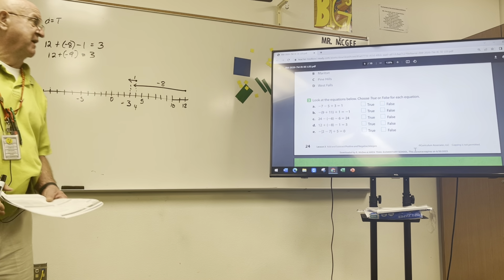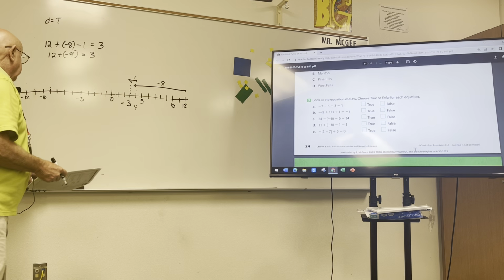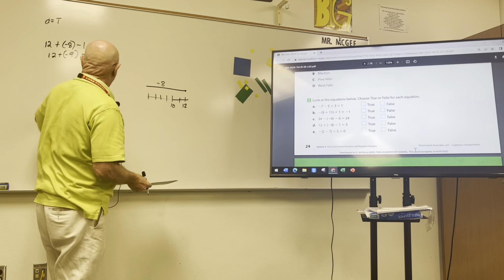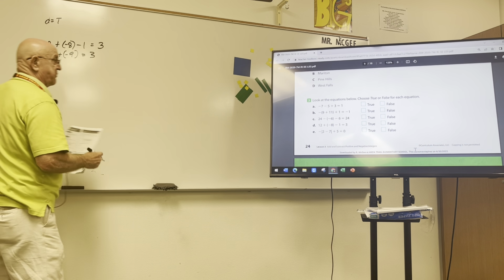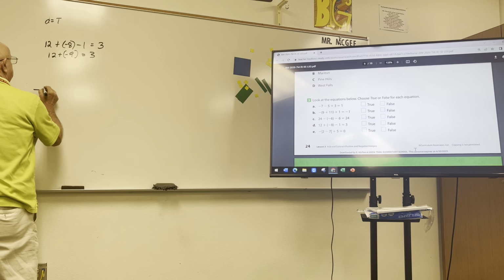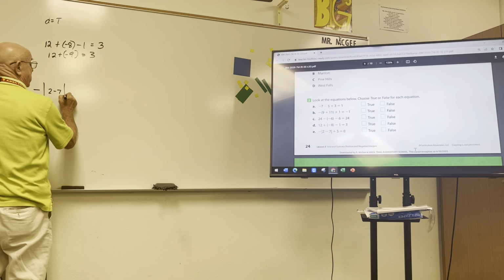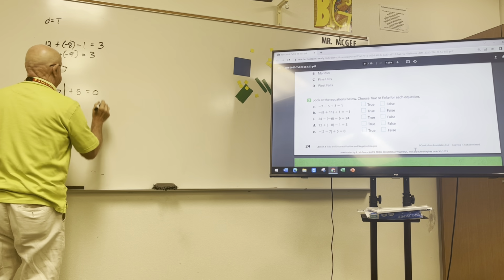All right. This last one you have to be careful on, E. E is using absolute value, but we have a negative sign, and that negative sign is outside the absolute value symbol. So we have negative, and then we have 2 minus 7, and then we have plus 5 equals 0.